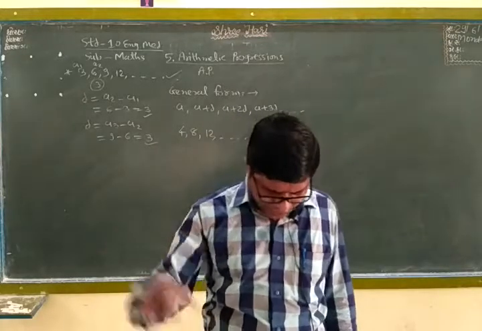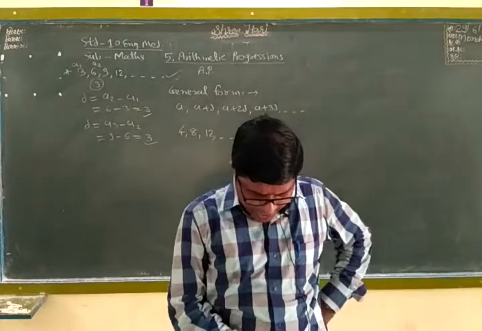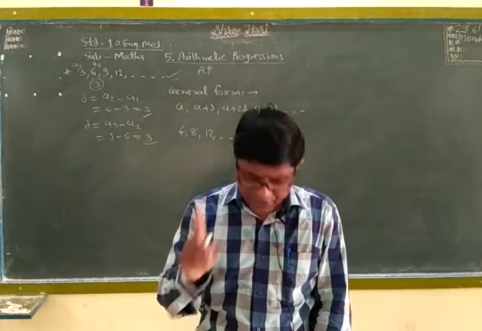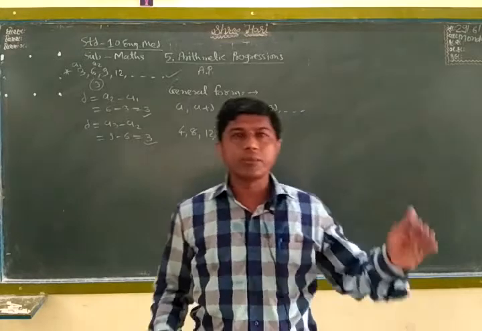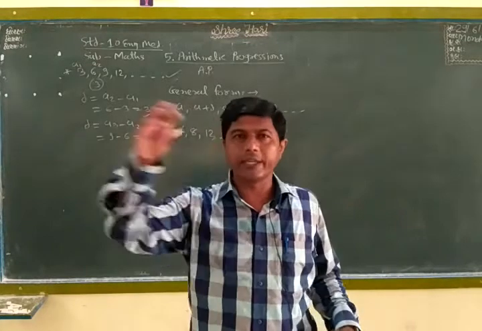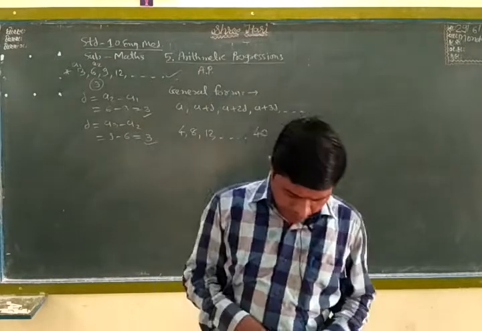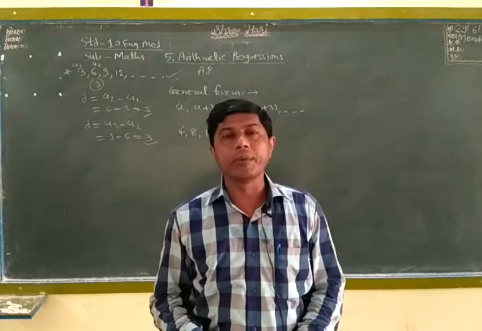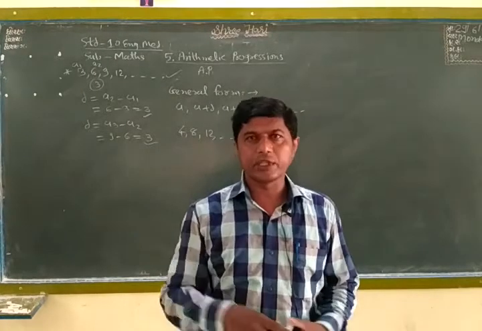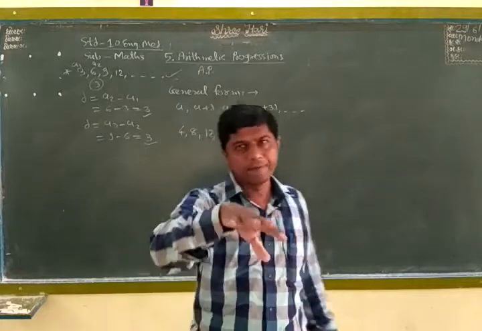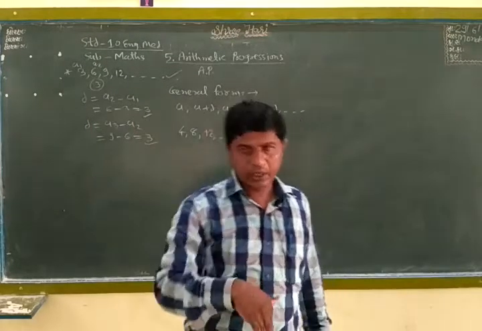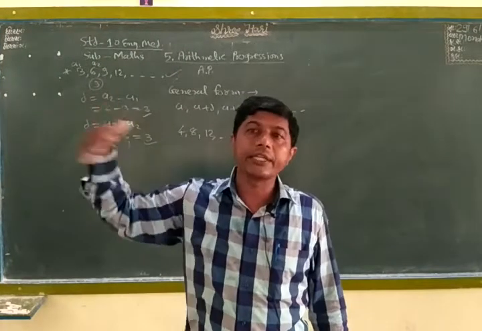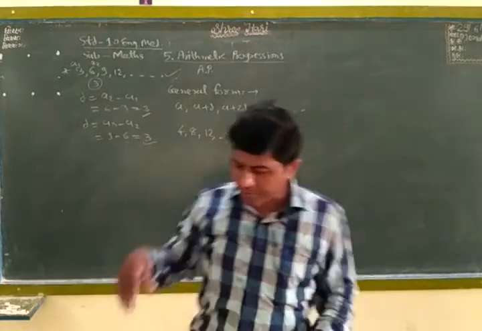The taxi fare: the fare is rupees 15 for the first kilometer, and add 8 rupees for each additional kilometer. Second kilometer: 15 plus 8 is 23. After 3 kilometers, 23 plus 8, so the fare increases by 8 rupees each time. So this is an arithmetic progression, yes or no.